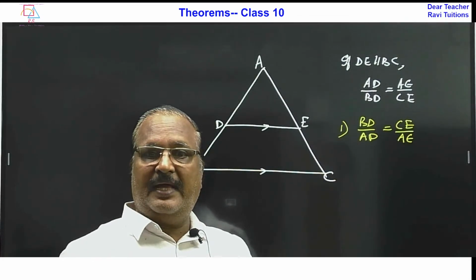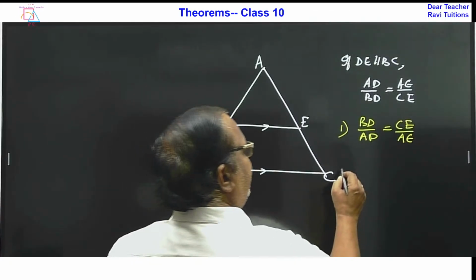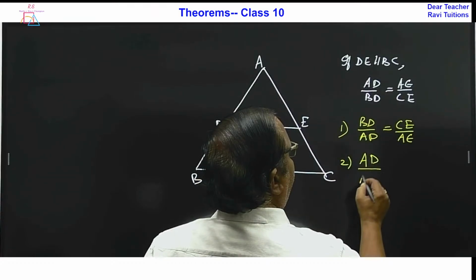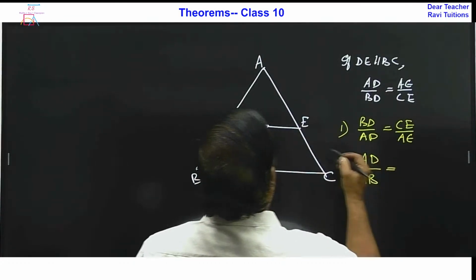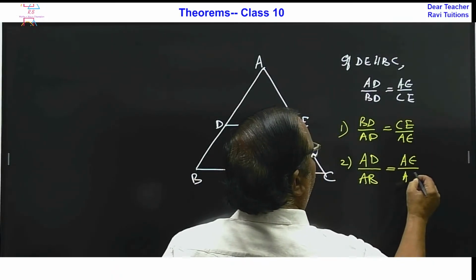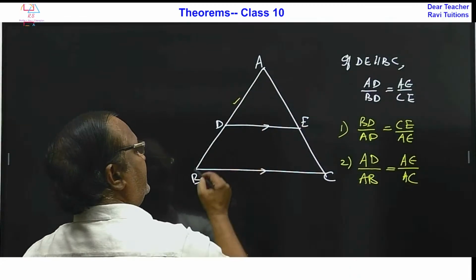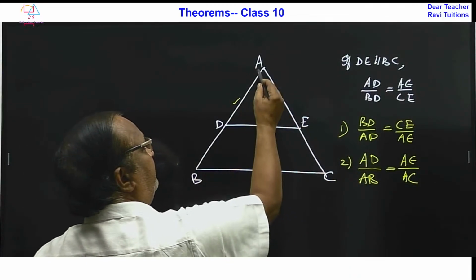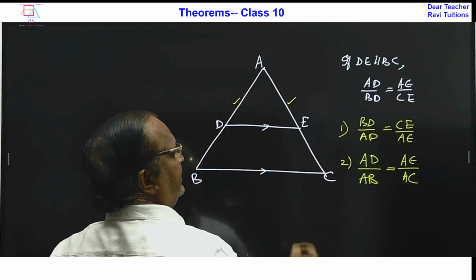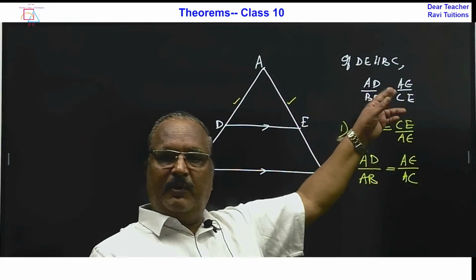This is one aspect everybody should understand. The second aspect is AD by AB is equal to AE by AC. That means this part by the whole side, AD by AB, and this part by the whole side, AE by AC. Even this comes under the basic proportionality theorem only.